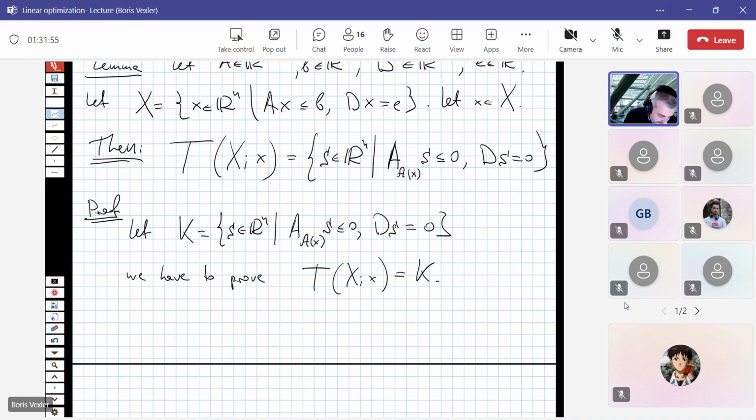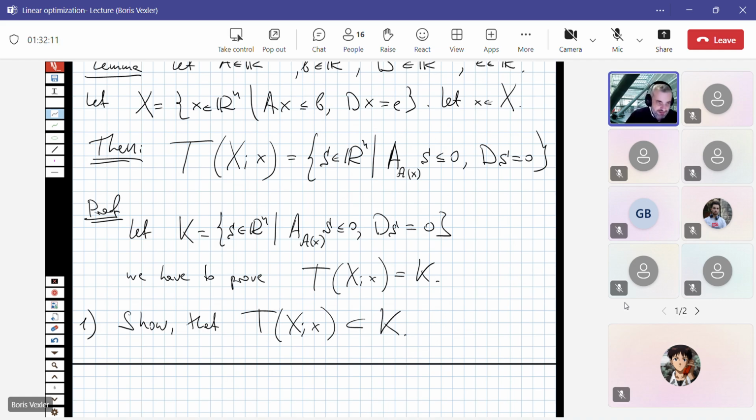First, we would like to show that the tangential cone is a subset of capital K.